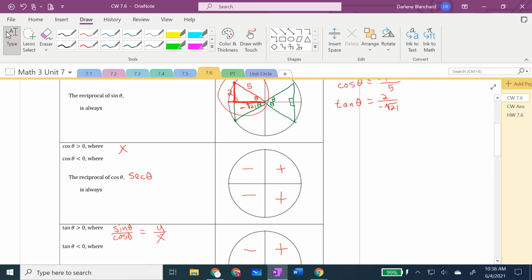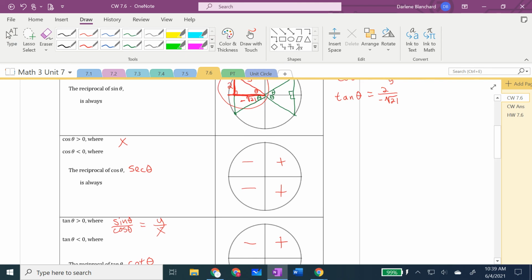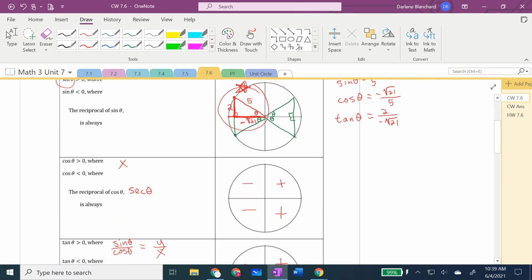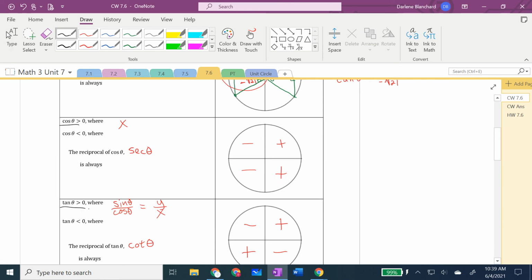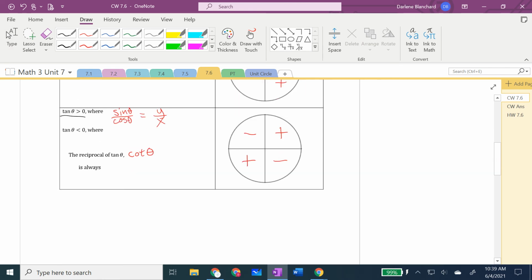From there, everything should fall into place because you already know where x and y are positive and negative. You don't need to add anything to your memorization other than remembering that y is sine, x is cosine, tangent is sine over cosine.